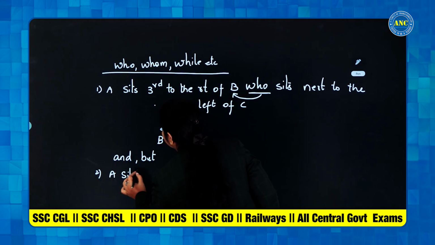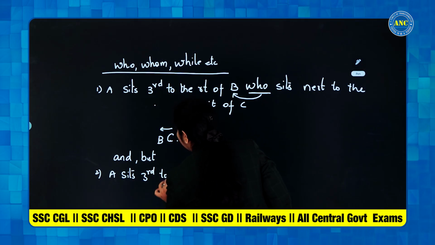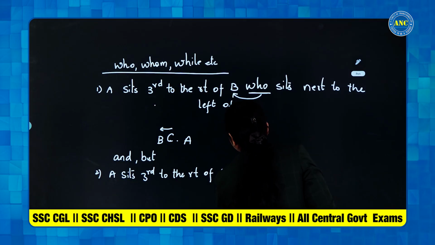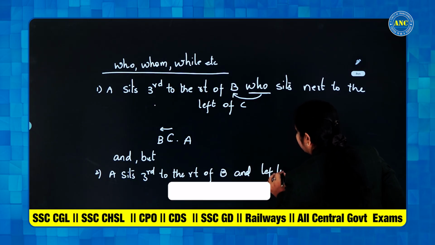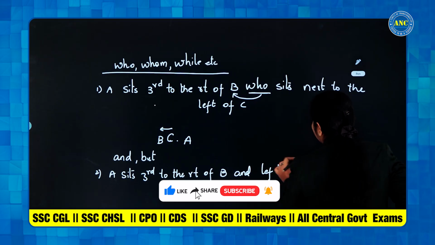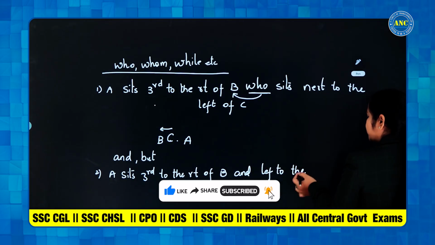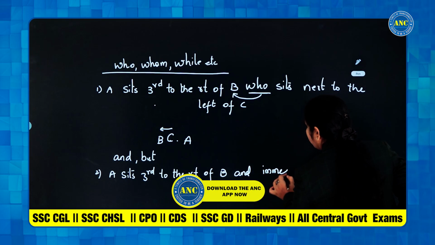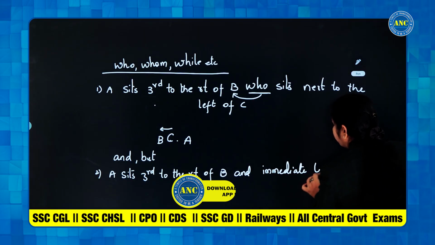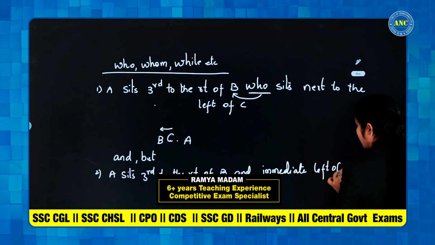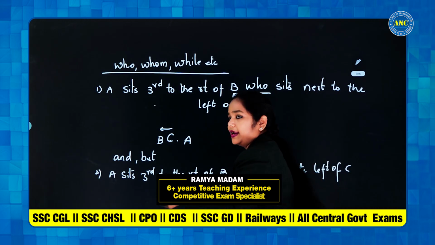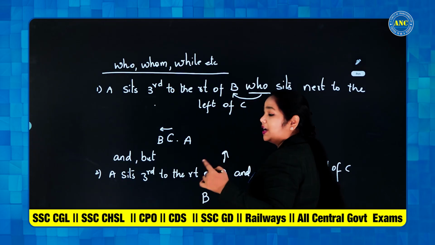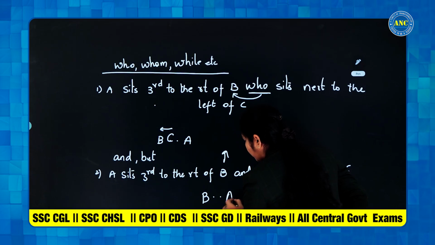A sits third to the right of B and immediate left of C. If this is a question, A is third to the right of B, same thing, assuming that B is towards the north direction. A is third to the right of B: first, second, third.